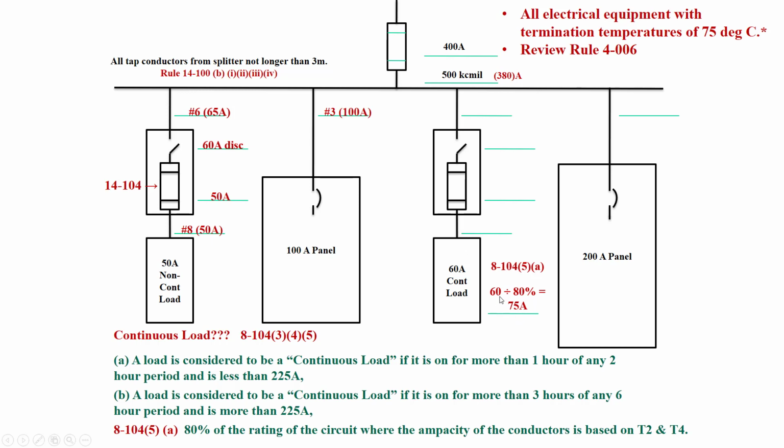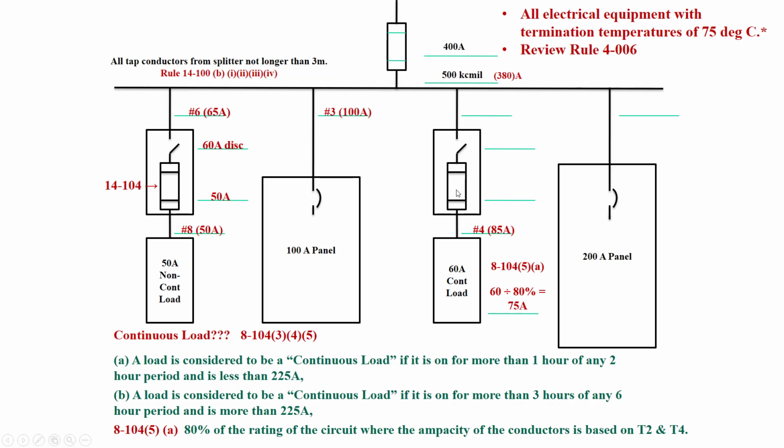So the minimum ampacity of this conductor is 75 amps. If I refer 75 amps, go to Table 2, 75-degree column, and size that conductor, we would require number 4, which is good to 85 amps. Notice how I always put the 85 amps beside the number 4, what Table 2's value is. We need that because it's the ampacity of the wire that we have to size this fuse based off of.